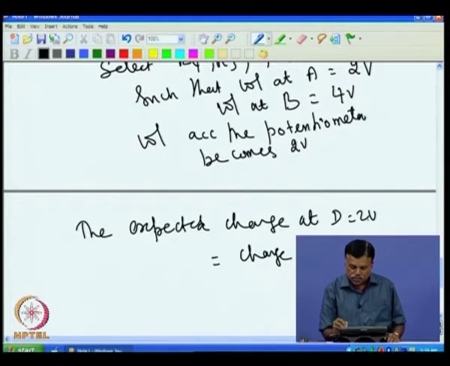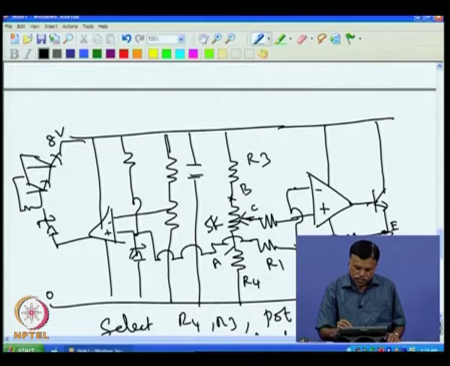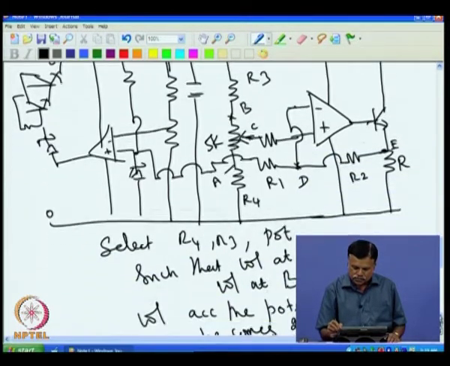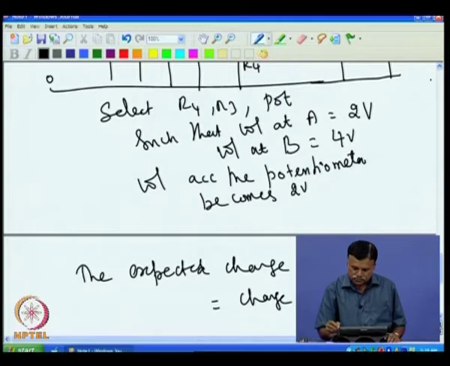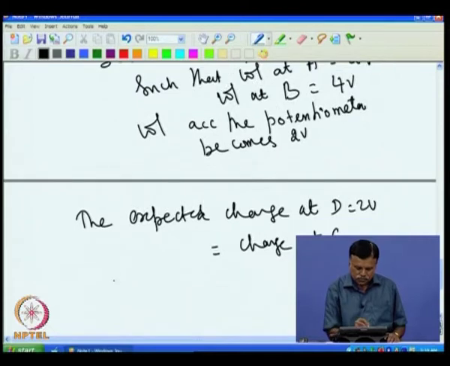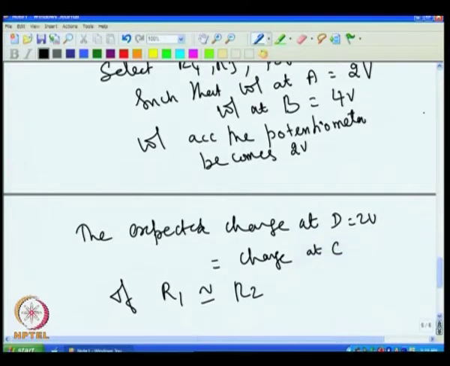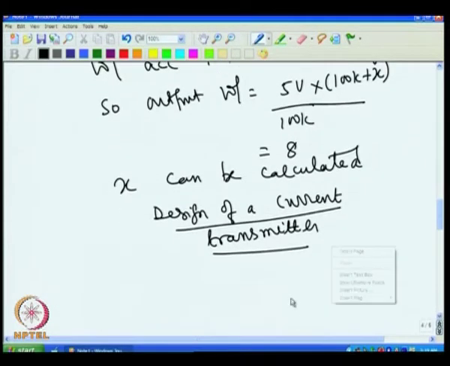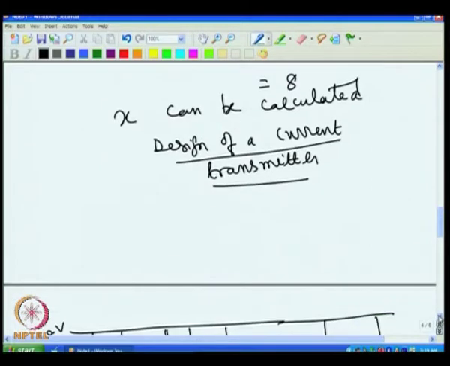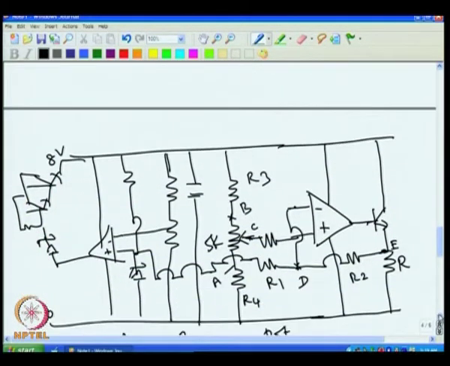That is the potentiometer change. So, if D has to change by 2 volt, then if I take R1 and R2 nearly equal, then to get a 2 volt change here, if these two are equal, we know that this point has to change by 4 volt, because if a 4 volt change occurs here, you will get half the change here.